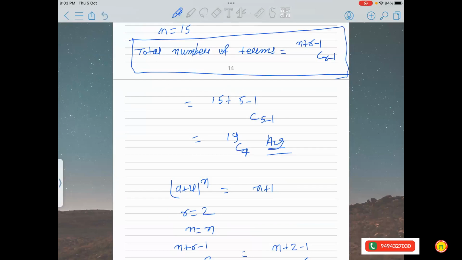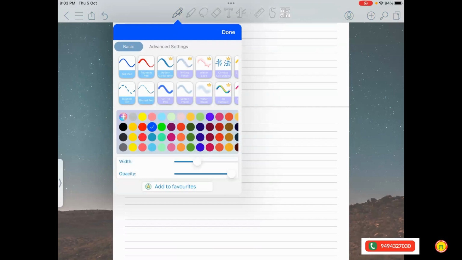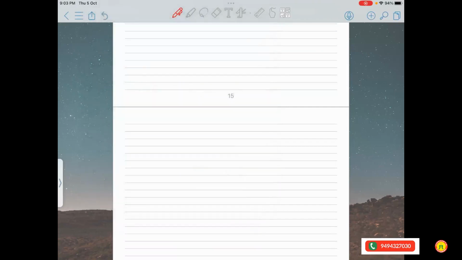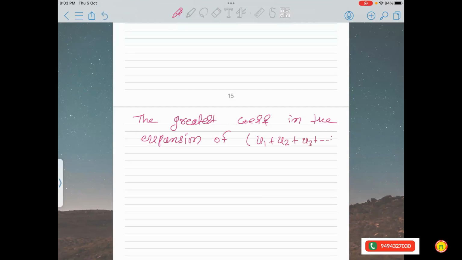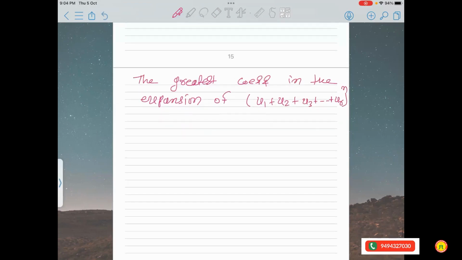We need to remember these formulas. Okay, so now I am discussing the next topic in the binomial expansion: the greatest coefficient in the expansion of (x1 + x2 + ... + xr) power n, where x1, x2 are different variables.